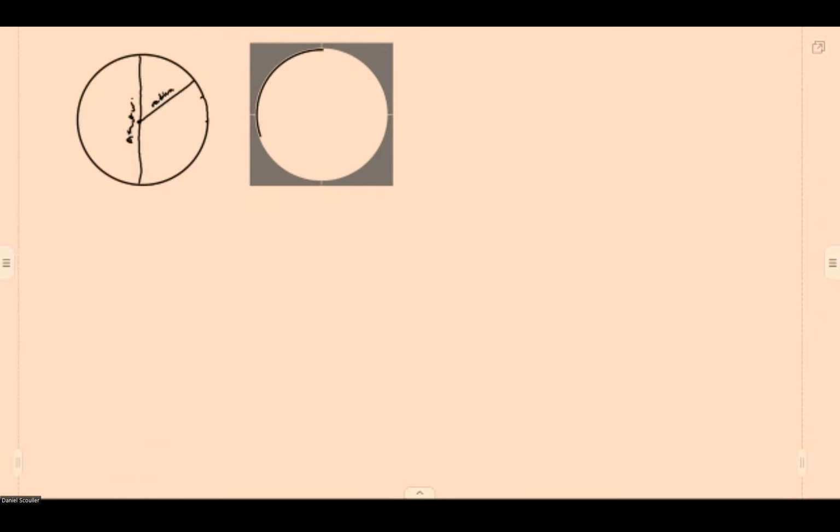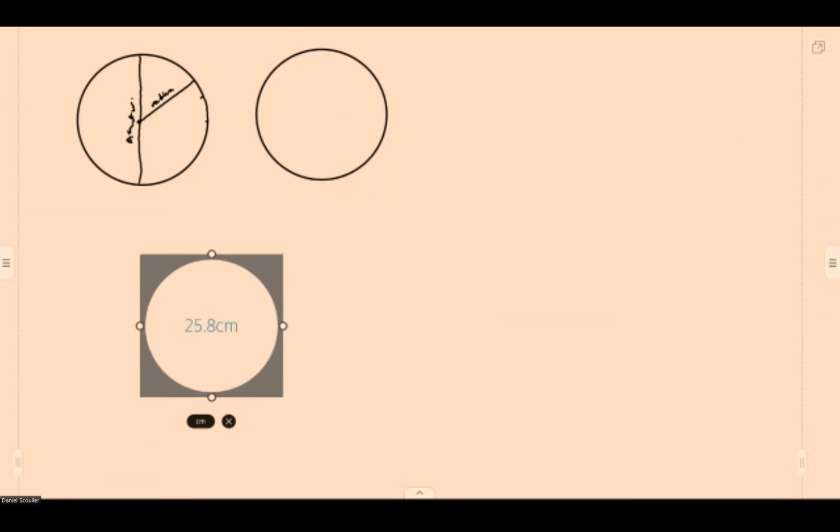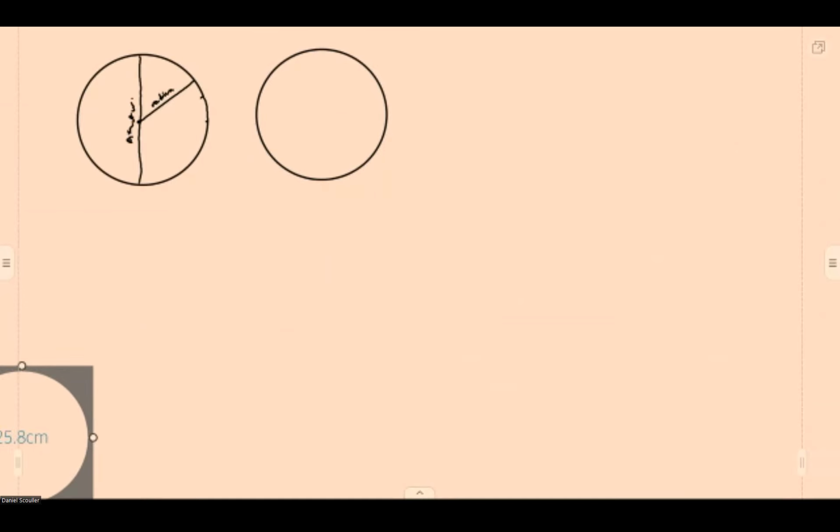What we're interested in tonight is a straight line, edge to edge, in a circle, but doesn't go through the centre.